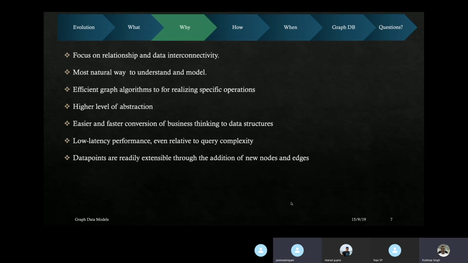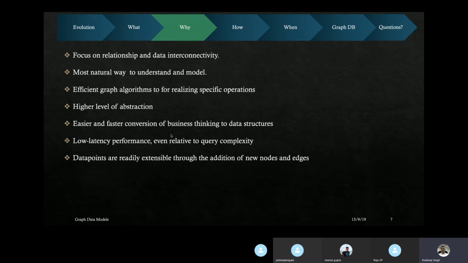Okay, so it's the most natural way to understand and model, because as we see in the real world, we can actually draw it, and that becomes a graph data model which can be realized in physical storage. Also, efficient graph algorithms like shortest path or nearest neighbor can be realized.